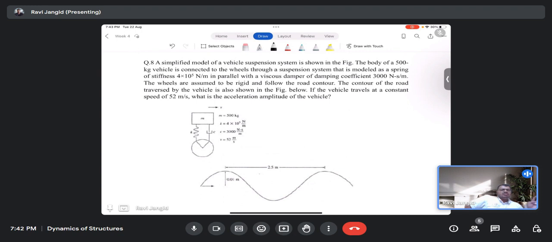Here it is not only about transmissibility. If there are breakers in the way, the vehicle has a given stiffness and damping, and I'm traveling at a certain speed, how much displacement and how much response or acceleration would the vehicle have? Acceleration is important from the point of view of comfort in design. Very expensive vehicles are designed according to that.